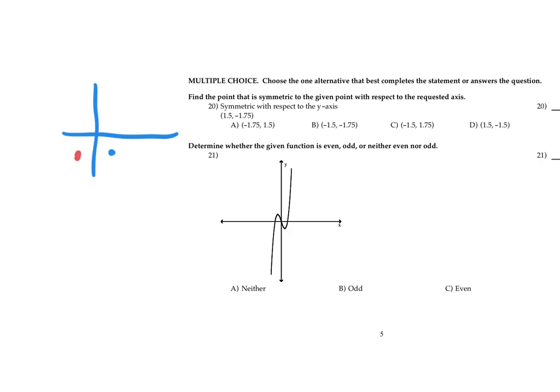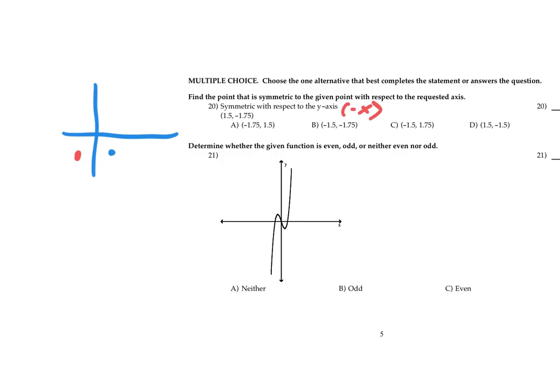And once I identify where that point is going to be, what do I know about all points that are over here in this quadrant? What's the sign going to be? Negative. Both negative, right? And so all I'm looking for is the one that has two negatives in it. There it is. Okay. Or you can also remember this. If it's symmetric with respect to the y-axis, then it's always the opposite of x.